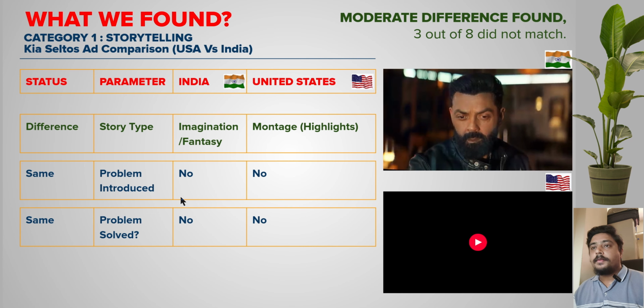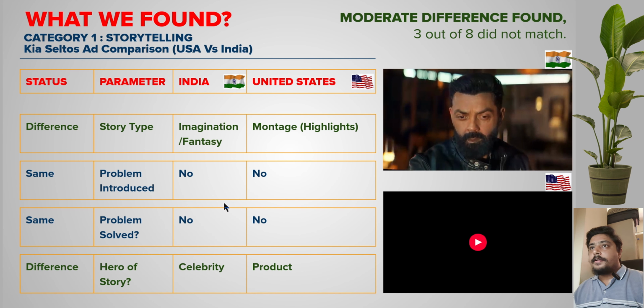They did not show even problem solving in the ad. And in the Indian scenario the hero of the story was the celebrity, but in the American scenario the hero of the story was the product itself.